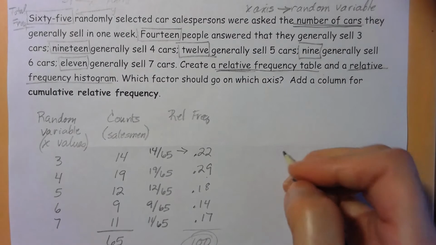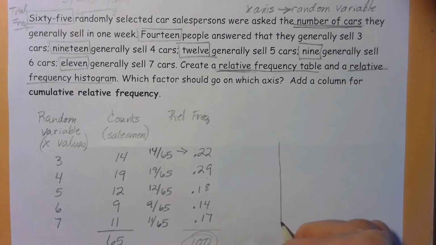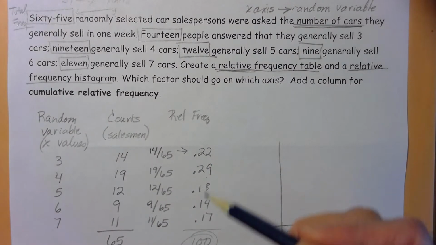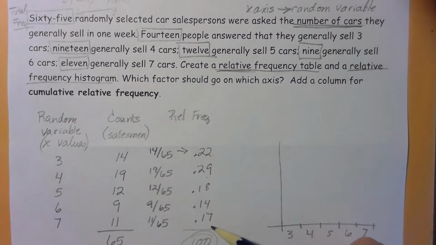Okay, I'm going to go over here and get my histogram started. Again, I'm going to have 5 different classes here: 3, 4, 5, 6, and 7. Now this time I can see the range of my relative frequencies.